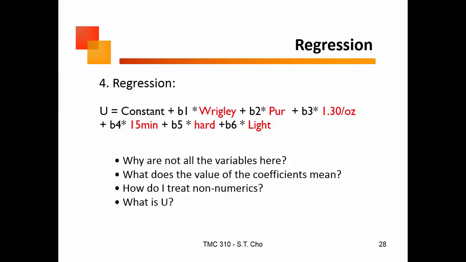The values of the coefficients basically act like weights and tell me how much they're worth. How do I treat non-numerics? Just like DOE, just assign them a value. And what U means is utility, meaning how much do they like that set of features. What the math will do is pull out how important something is.